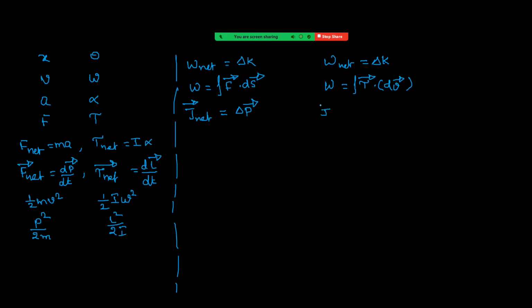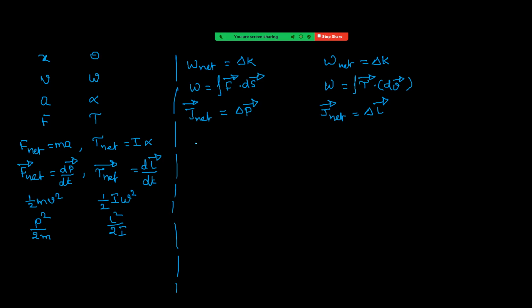So here net impulse, or we can say net angular impulse, is equal to change in angular momentum. Next we can focus on dp bar equals F bar net into dt, right? dL bar equals tau net into dt.